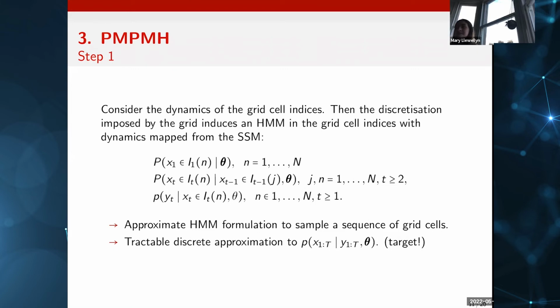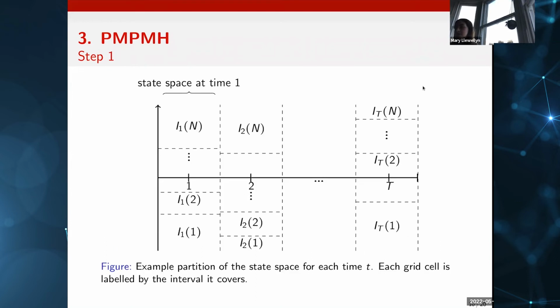To see this, consider the grid cells that we have here. There are capital N grid cells at each time point.